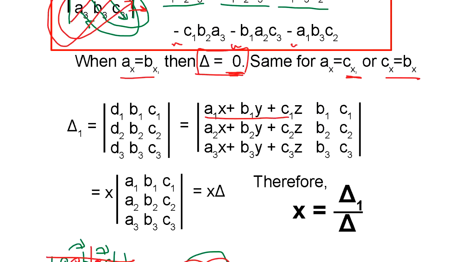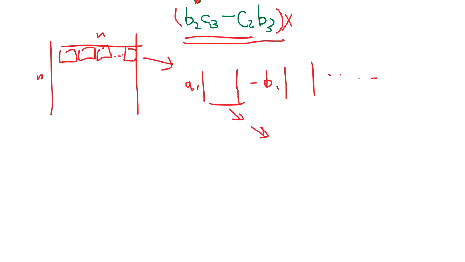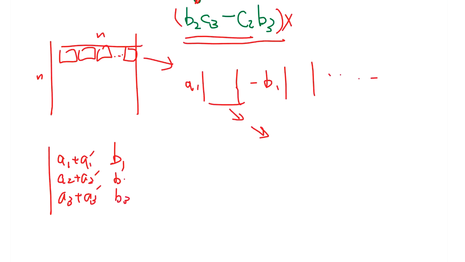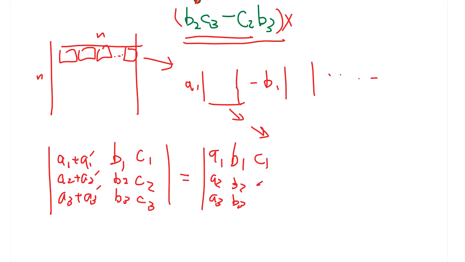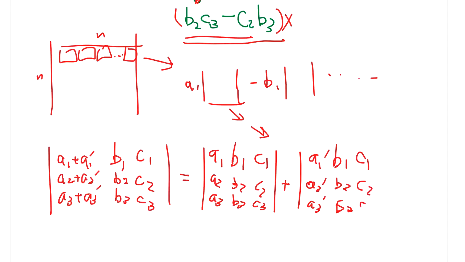Since d1 is this equation, one more characteristic of the determinant: a1 plus a1 prime, a2 plus a2 prime, a3 plus a3 prime, b1, b2, b3, c1, c2, c3 is the same as a1, a2, a3, b1, b2, b3, c1, c2, c3 plus a1 prime, a2 prime, a3 prime, b1, b2, b3, c1, c2, c3.